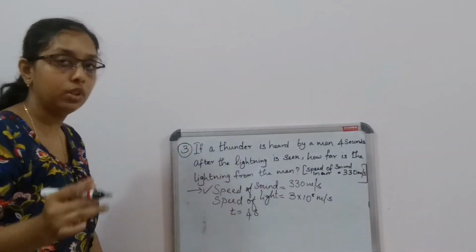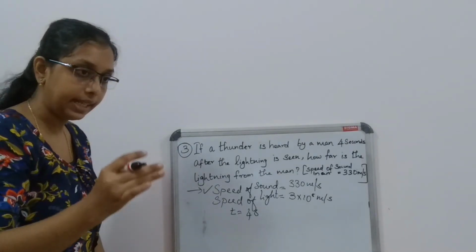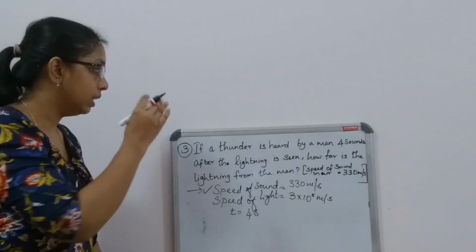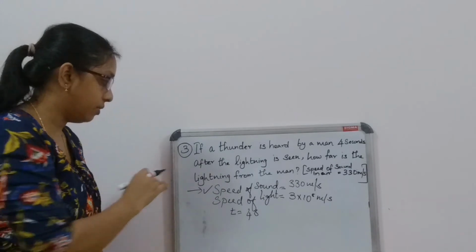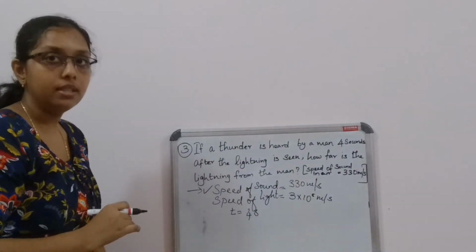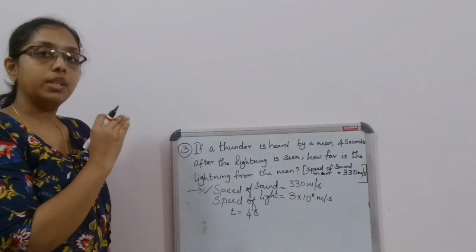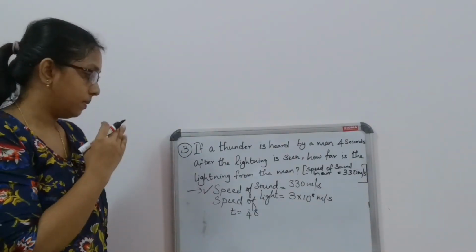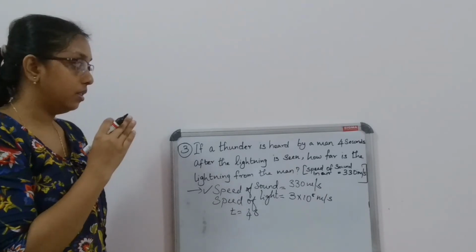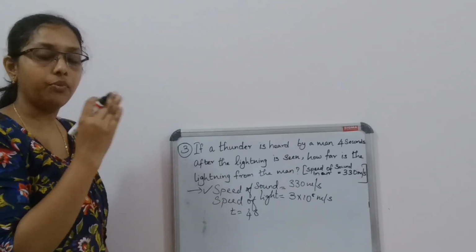After the lightning happens, only after 4 seconds the thunder is heard. So the time taken is 4 seconds. Okay. So in this question, speed is given and the time is given. They have asked how far the lightning is from the man.